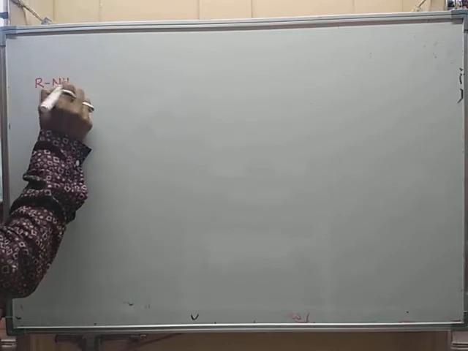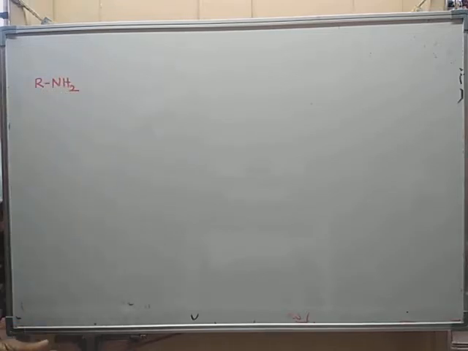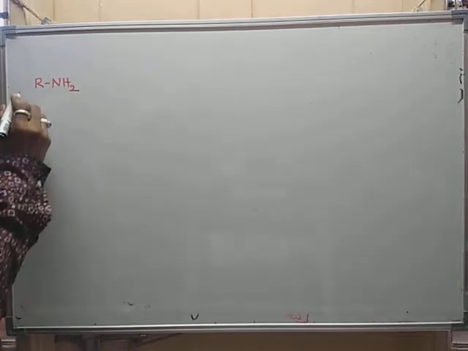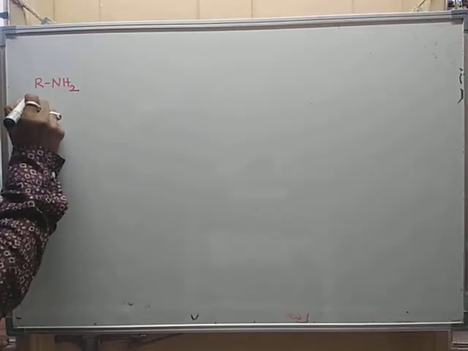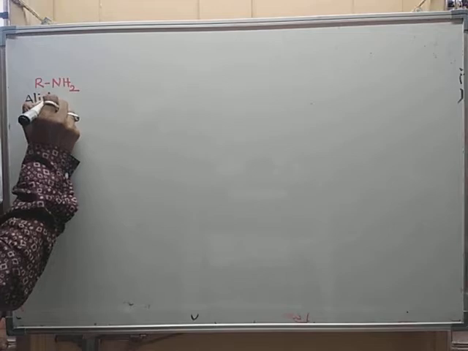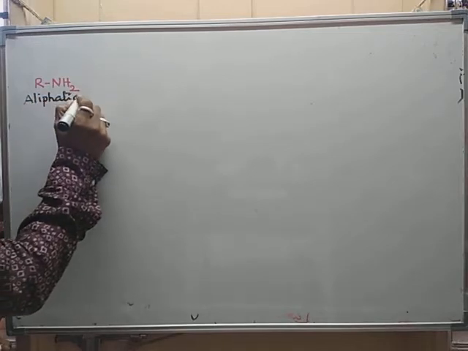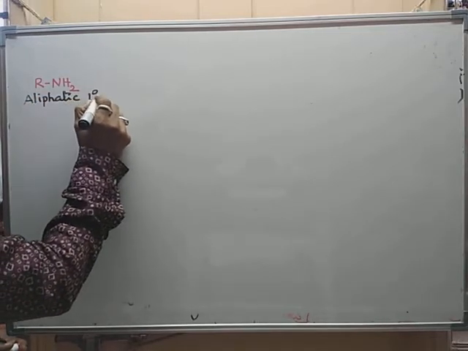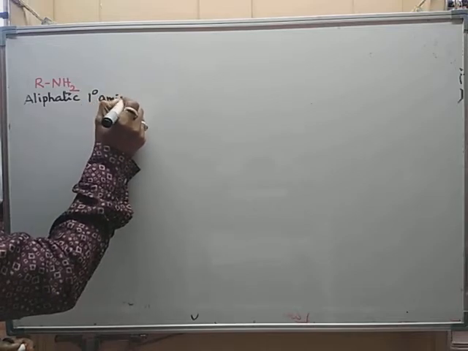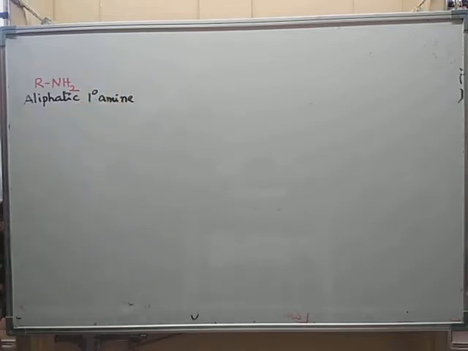RNH2 is an example of aliphatic primary amine. This is the general representation. Previously also we took aliphatic primary amine. For primary, I am writing 1 degree to reduce spelling.